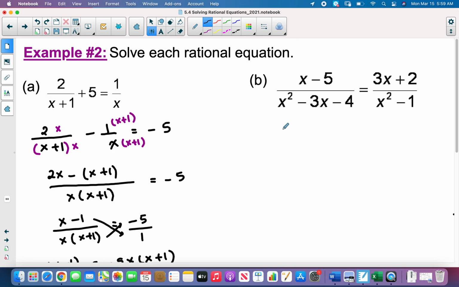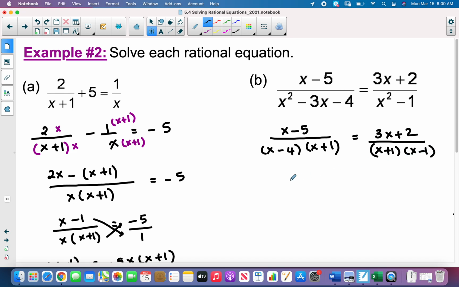So we're going to rewrite the denominator as, because this is factorable, x minus 4 times x plus 1, right? -4 times 1 is -4, and -4 plus 1 is -3. And the denominator for the right-hand side also is factorable. It's a difference of squares. It's x squared minus 1 squared, which can be factored as x plus 1 times x minus 1.